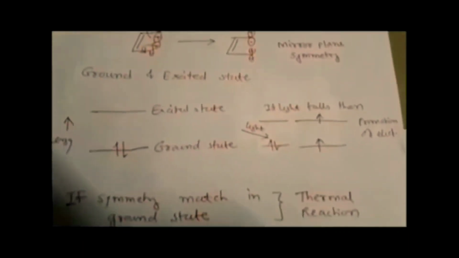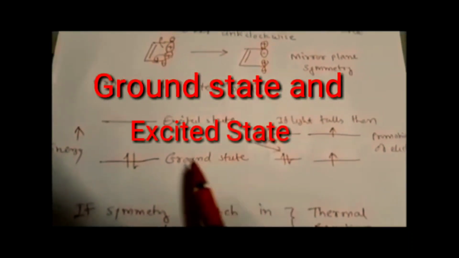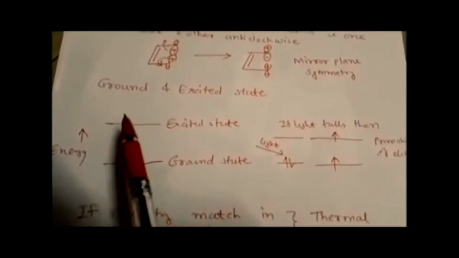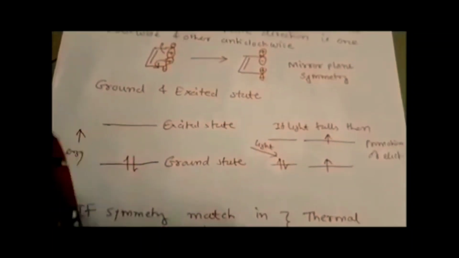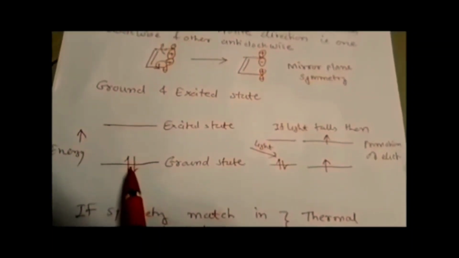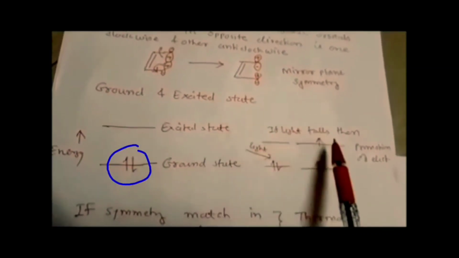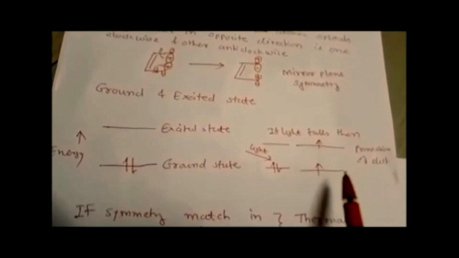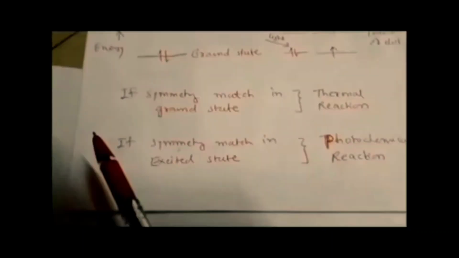Now, as you know, ground state and excited state. Both electrons occupy the position in the ground state, and this one is an excited state which is vacant. Now whenever light falls on this molecule, out of these two electrons, one electron is shifted to the excited state. So this is the ground state and this one is the excited state.